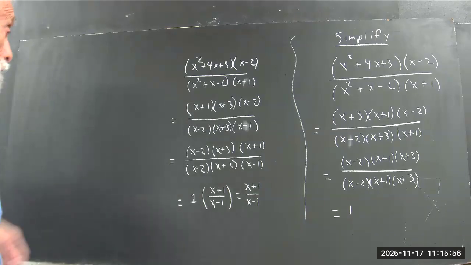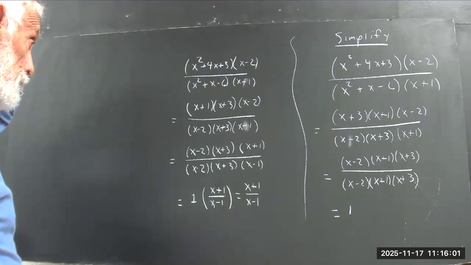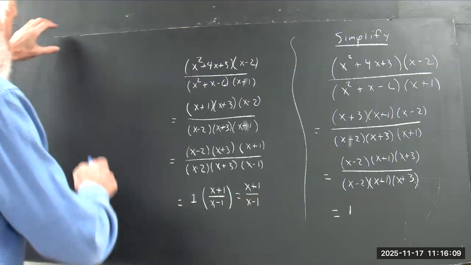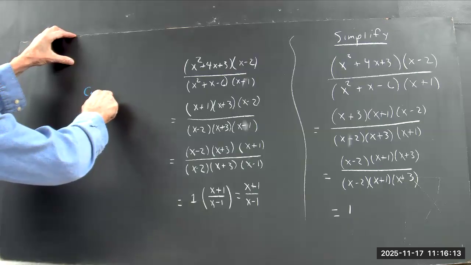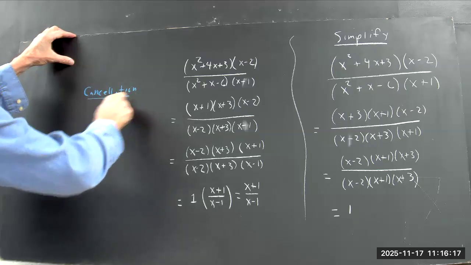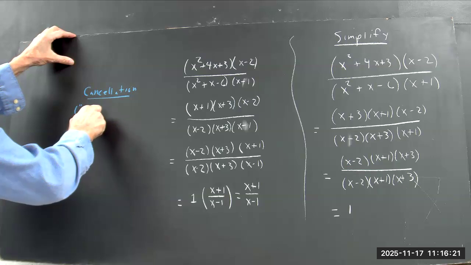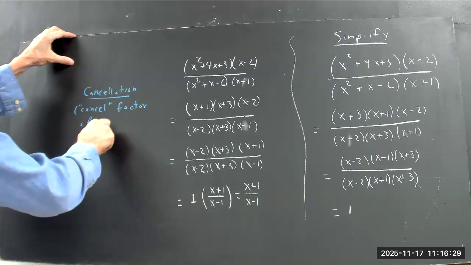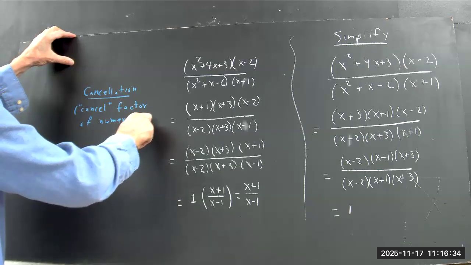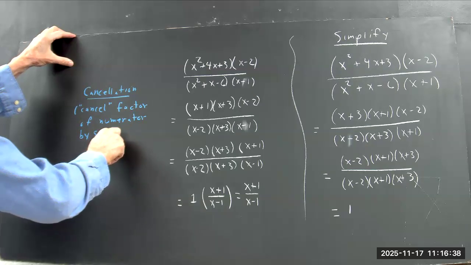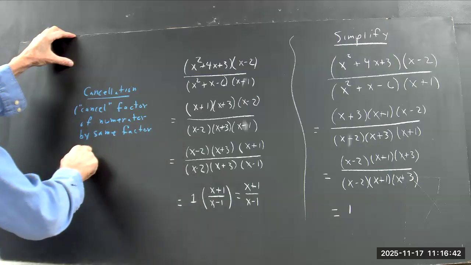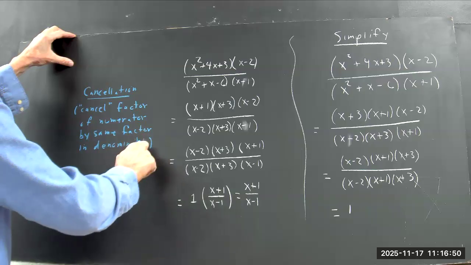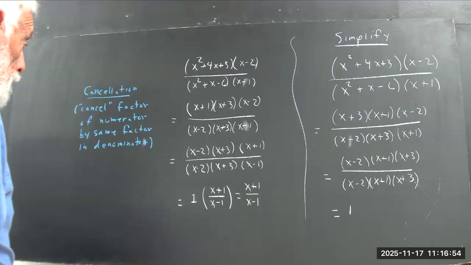Now, a lot of people will do something like this. When they get to this step, it's where people cancel a factor of the numerator by the same factor of the denominator.